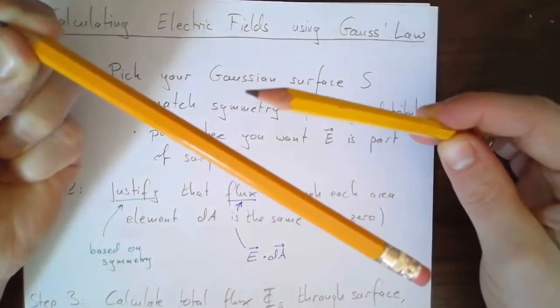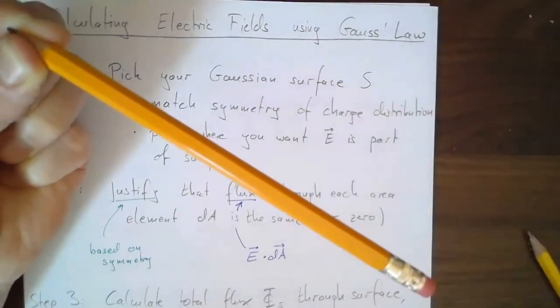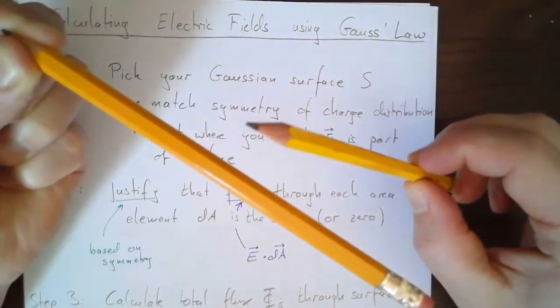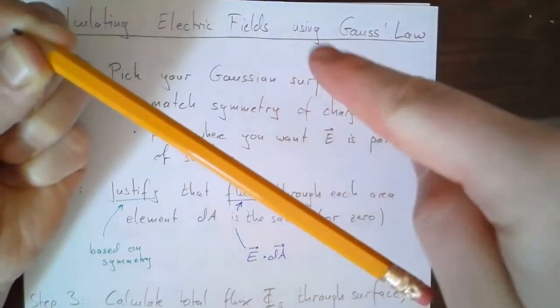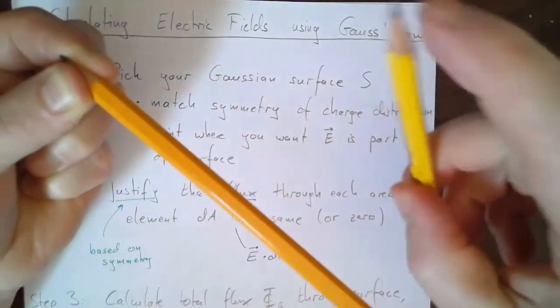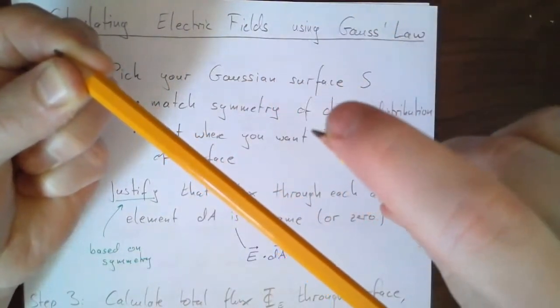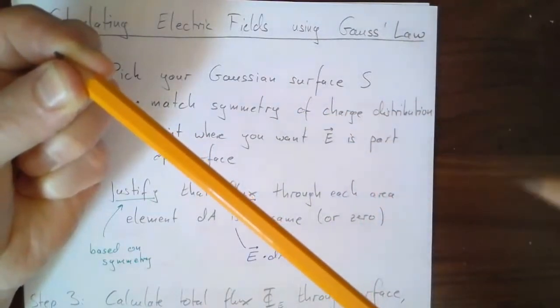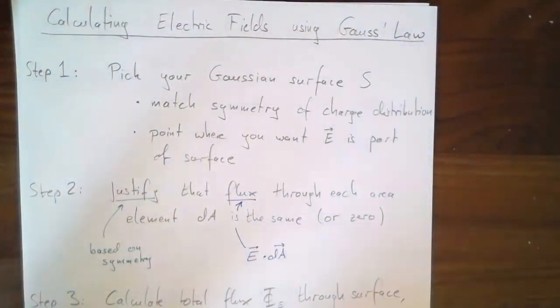Well, then whatever Gaussian surface I'm going to pick, it should sort of go through the air somewhere around here, where that tip of the pencil, where I want to find the electric field, is touching the surface. We're going to see it in action. That'll hopefully make more sense.